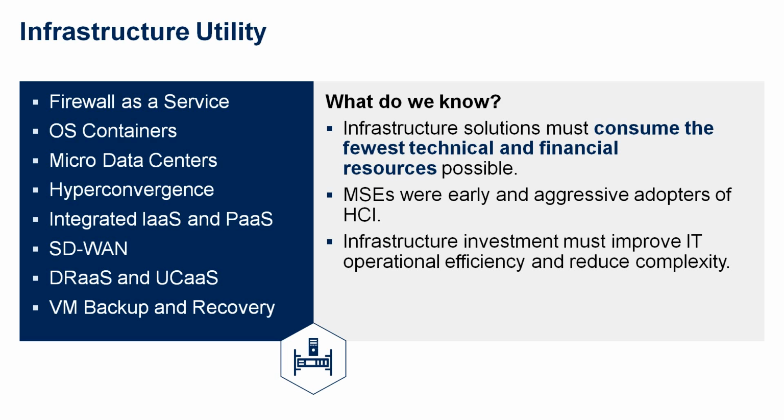Now people have started giving firewall as a service, OS containers, micro data centers, and hyperconverged systems, which lead to auto scaling and a pay-as-you-go model, and integrated infrastructure as a service and platform as a service, where we don't need to worry about all those upgrades in the software market. We just purchase the APIs and start using them.